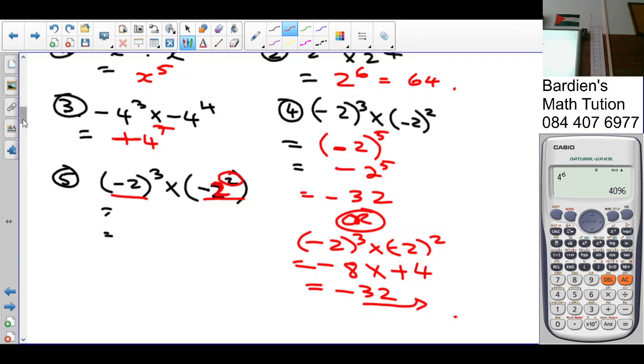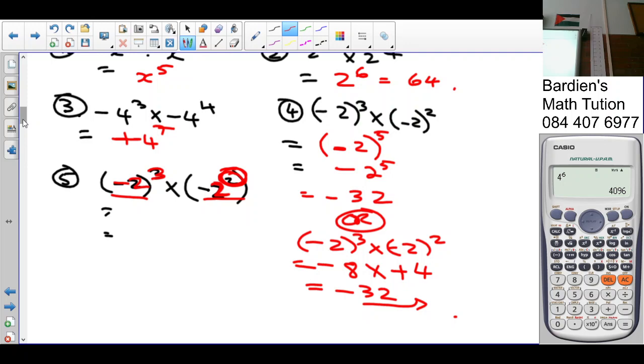This cube is on the negative and the 2. That's why you got the bracket there. Can you see the difference? The cube is on the outside of the bracket, so the cube applies to the negative and the 2, whilst the 2 is inside the bracket. Hence only the exponent of the base 2 and not negative.